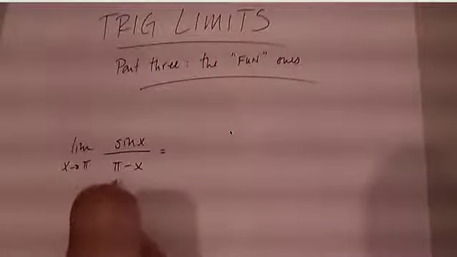Now, is this indeterminate? Yes, it is, because sine of pi is 0 and pi minus pi is 0. But I have a problem. X is not going to 0. But I do know that the numerator is going to 0, the denominator is going to 0, so it's kind of similar.